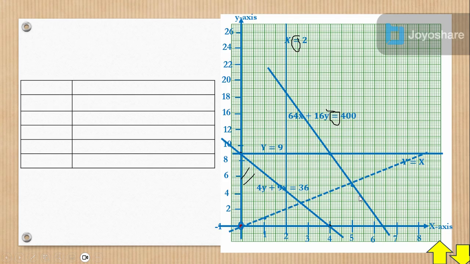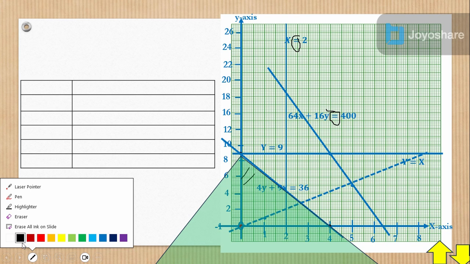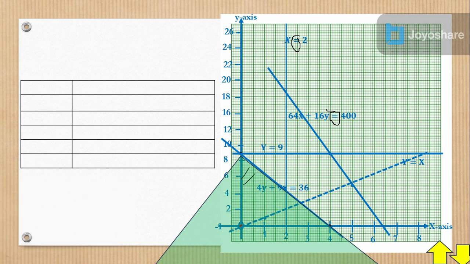Okay, with that, let's go about the shading. Now for this line, y greater than or equal to 4y plus 9x, the inequality on that line was greater than or equal.